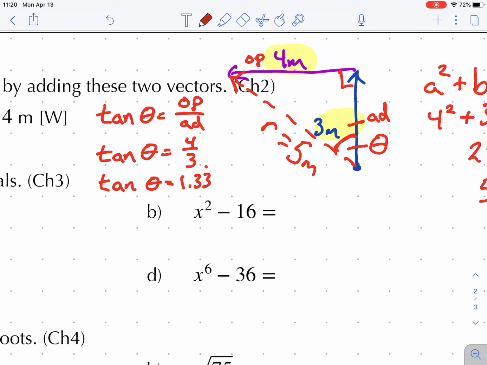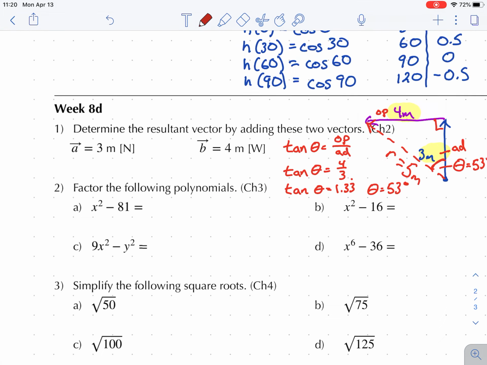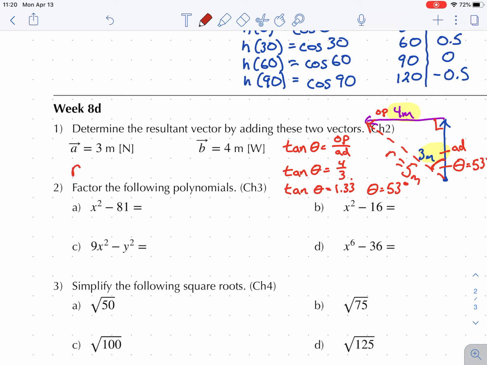So I second function tan, I get 53 degrees. So this angle right here is equal to 53 degrees. So finally, to write out our answer, our resultant vector is equal to 5 meters in the direction of north, 53 degrees east.